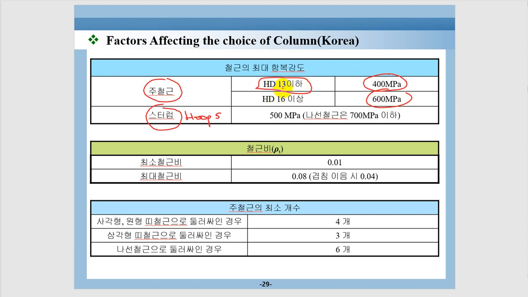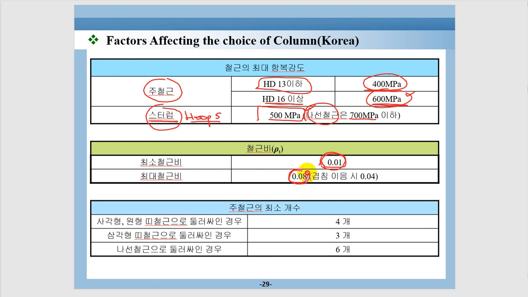If you're using a diameter of 13 millimeters, then you have to use 400, and for 16 millimeters you can go up to 600 megapascals. For the stirrups, the yield strength goes up quite a bit, so you can use 500 megapascals for stirrups and hoops, and you can still go up to 700 megapascals for spiral columns. This is pretty good. It's good to use a higher strength for strength designs.